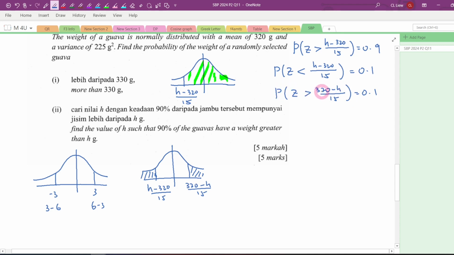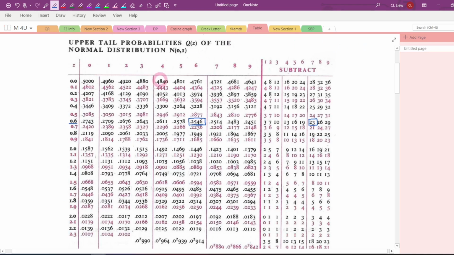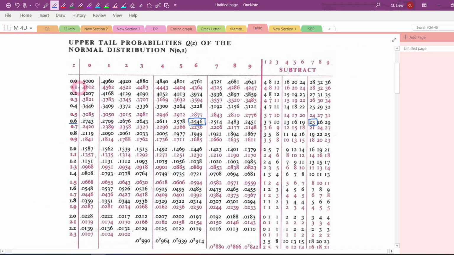Okay, the probability for this is equal to 0.1. Now, I want to get the value for the h, which is inside the parentheses. So I'm going to start from the inside, here. What I'm looking for is 0.1. Be careful, do not look at here, but you have to start inside here. Get the value from inside the table. 0.1, okay, 0.1.